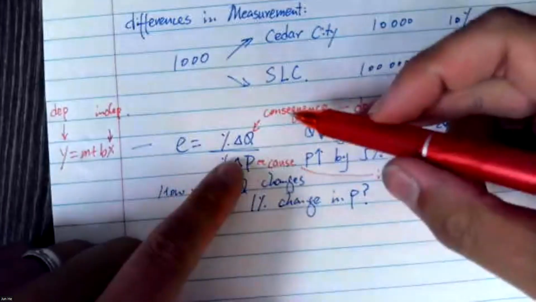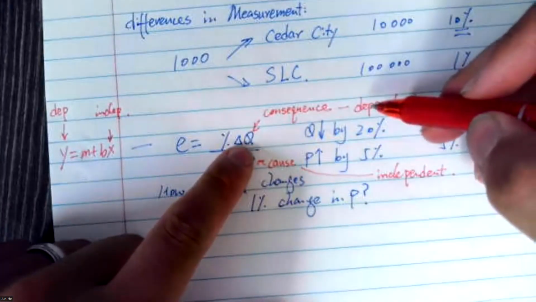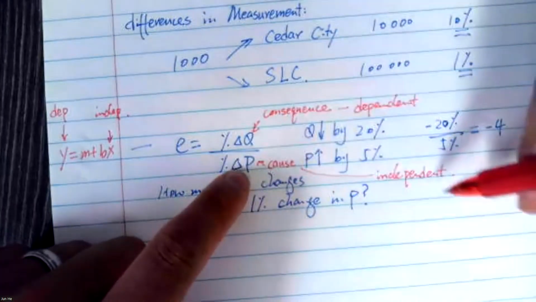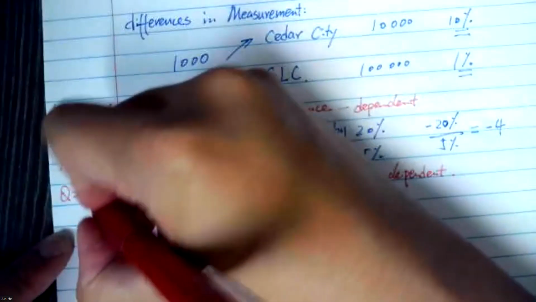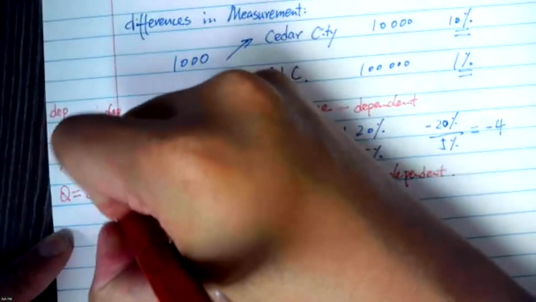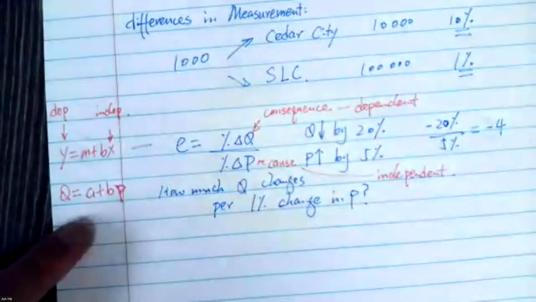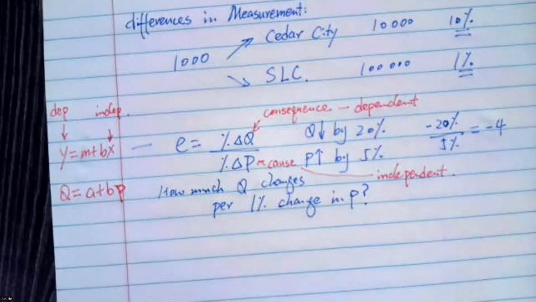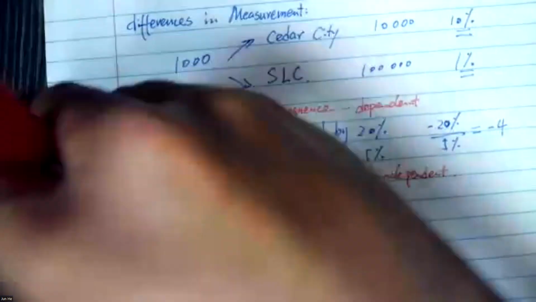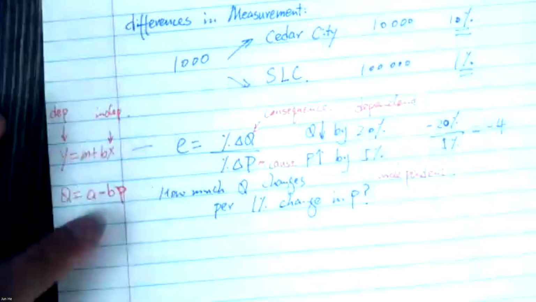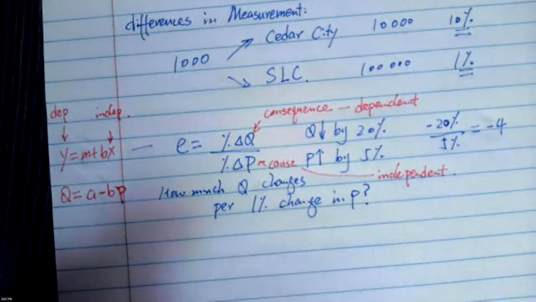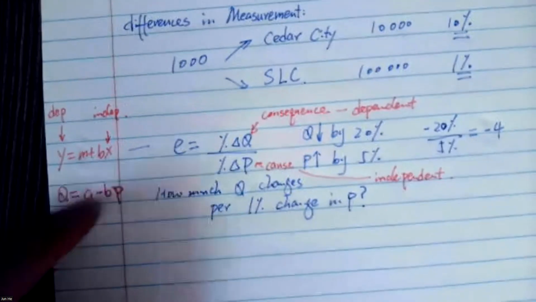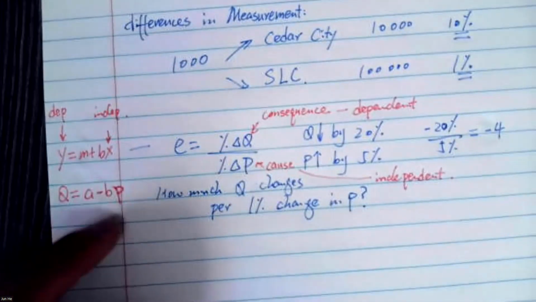And if I have q being the consequence and p being the cause, then that indicates that the demand function should be written like this. A is a demand, so it's a negative, A minus BP. So this is how to find the consistency between the location and how the function should be formed.